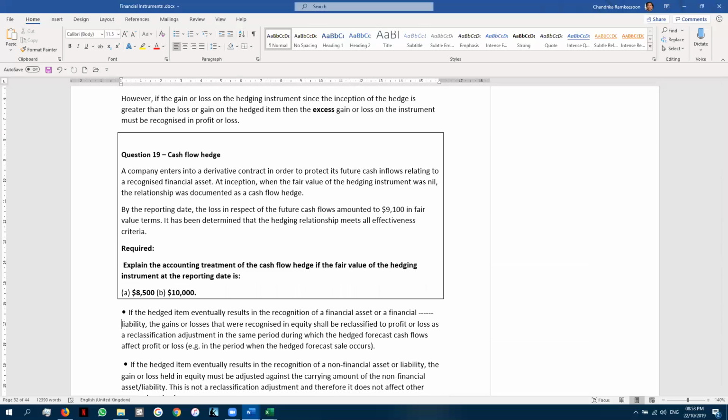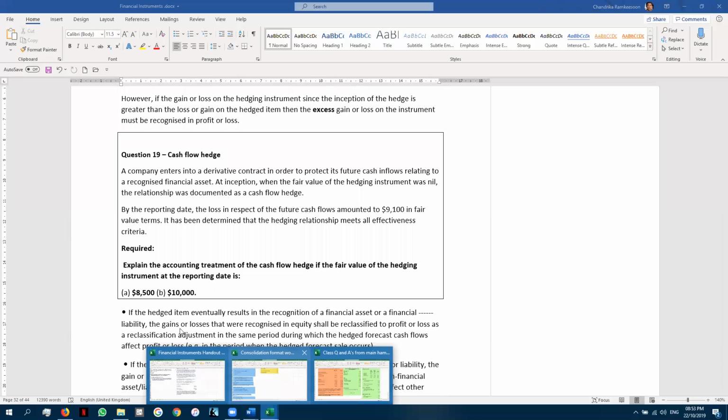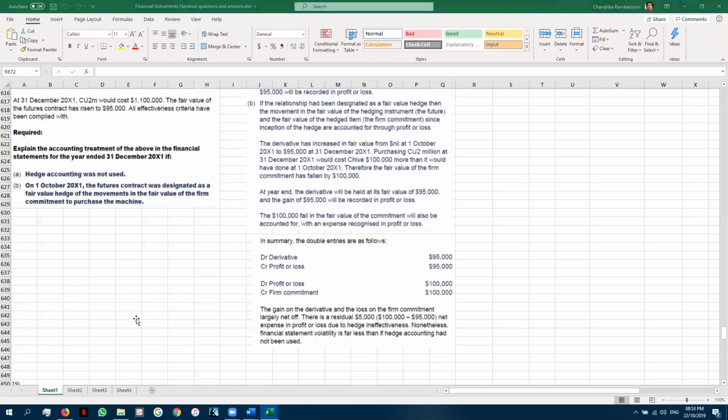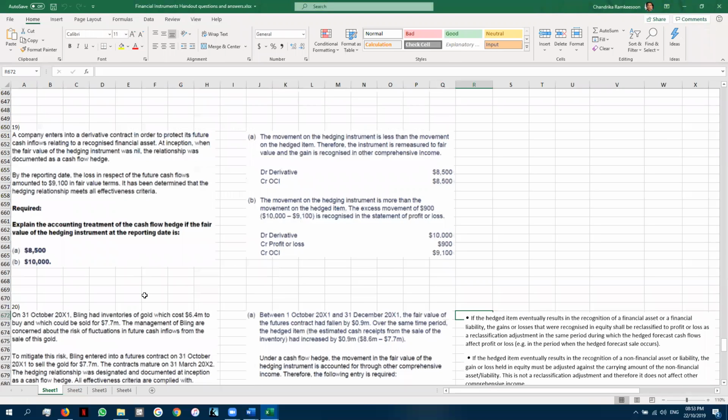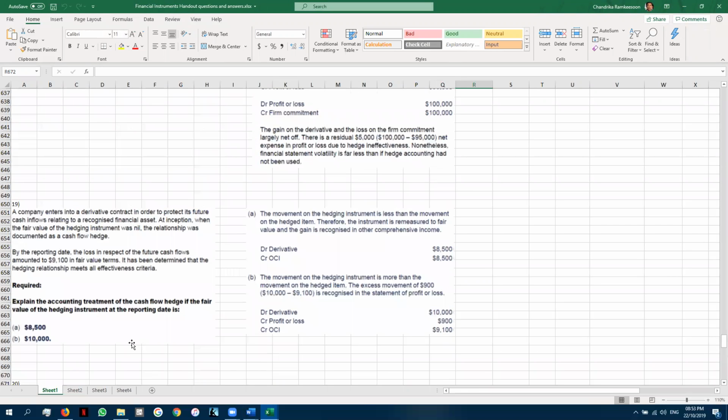Question 19. I think this is the last question on the, no, there is one more. A company enters into a derivative contract in order to protect its future cash inflows relating to a recognized financial asset at inception when the fair value of the hedging instrument was nil.